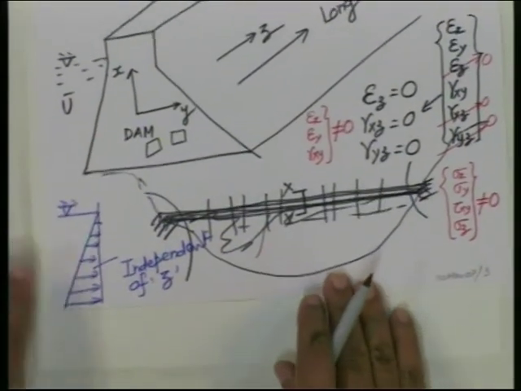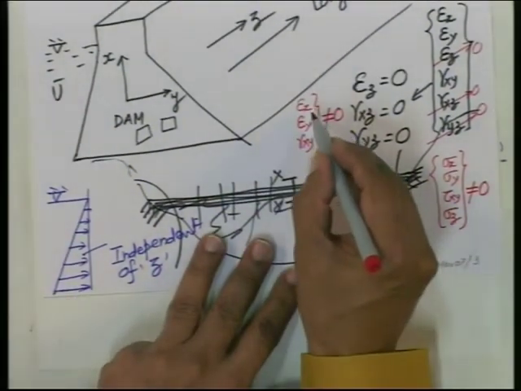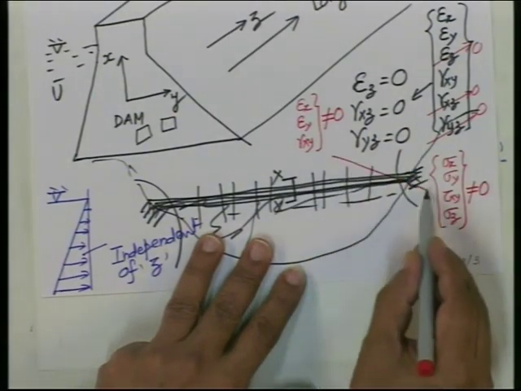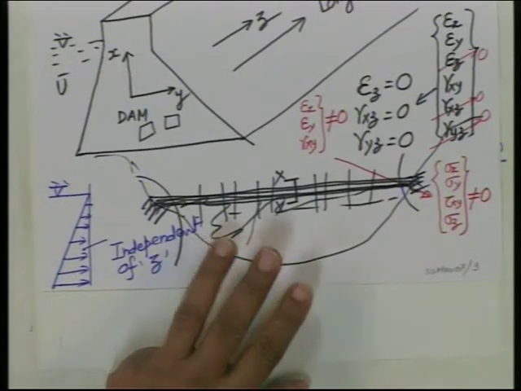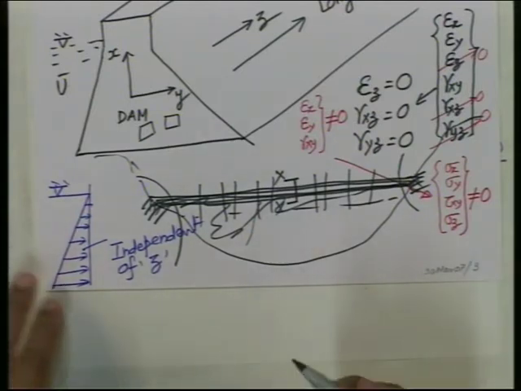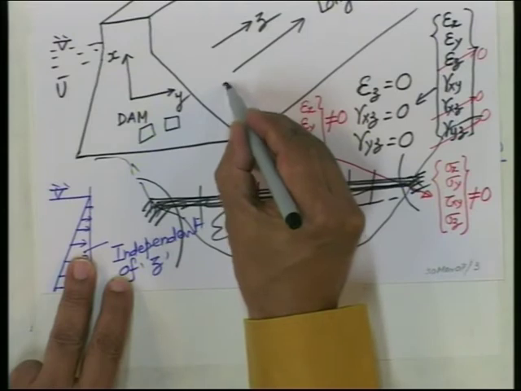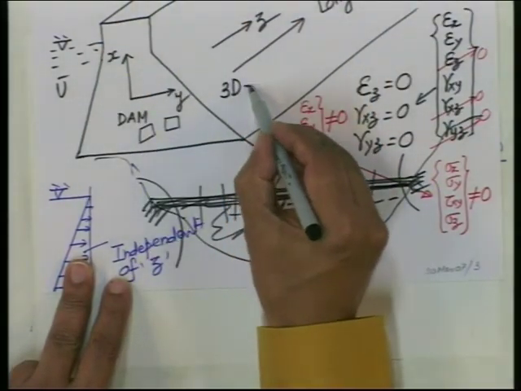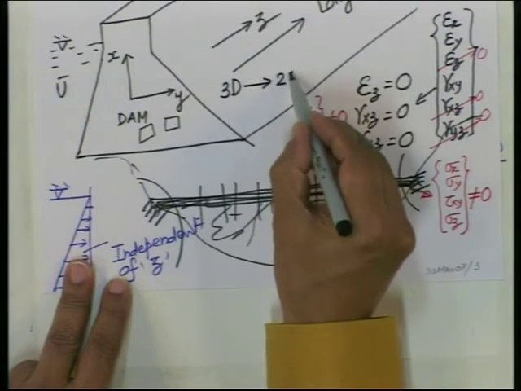So, this is plane strain. First bring in the strain, then you say from Hooke's law, this is what happens. That should be very clear. This brings out the fact that a 3D problem, because a dam is a 3-dimensional problem, gets reduced to only 2D.